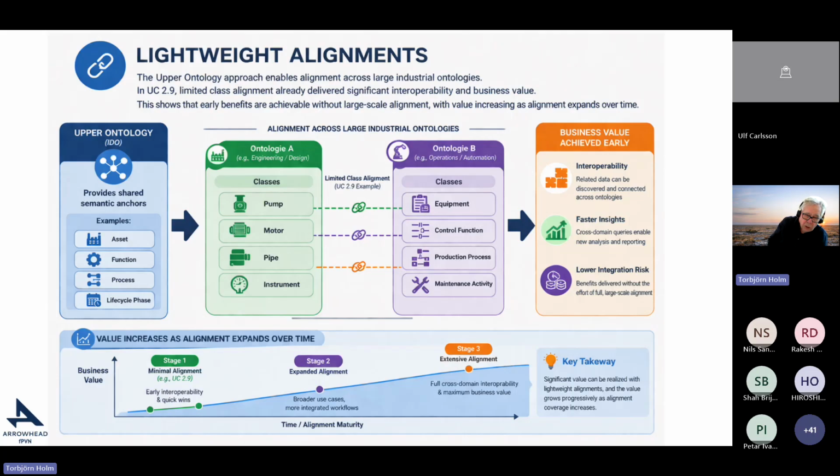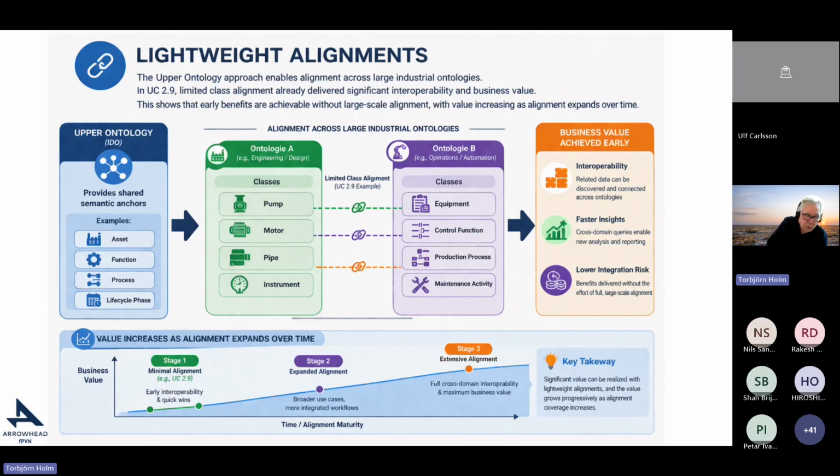Then in STEP there are also parts or part models, and we have equipment, which are physical things, and the physical thing is mapped to Arrowhead physical equipment or components, as well as to CFIHOS equipment. So there are not much more than 10 different classes that we have aligned.